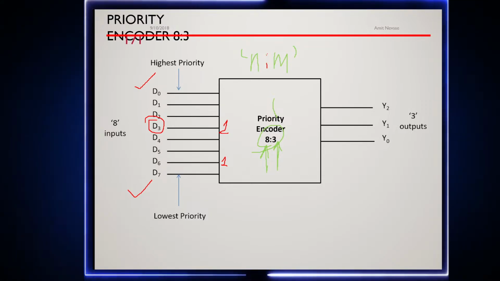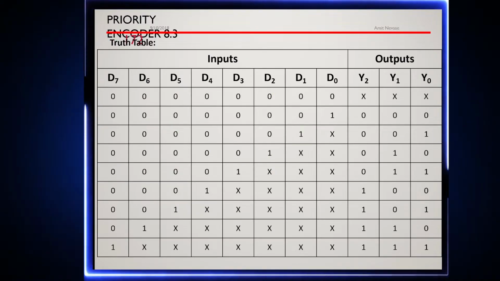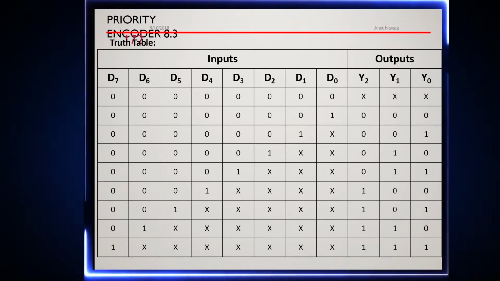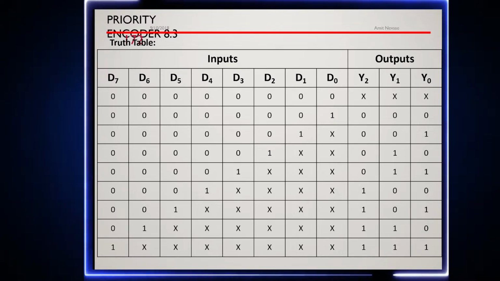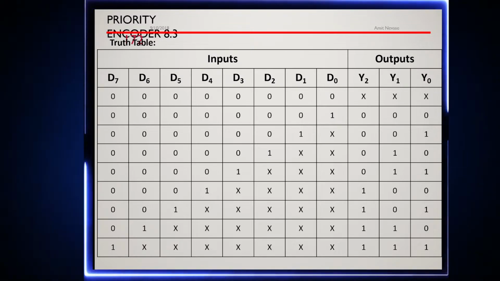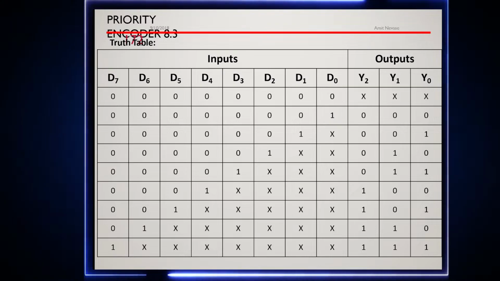Now let's look at the truth table of a priority encoder, truth table of an 8:3. That means it will have 8 inputs and 3 outputs. Right? So now let's see. You can take a screenshot of this, or you can pause the video and draw this in your notebooks.